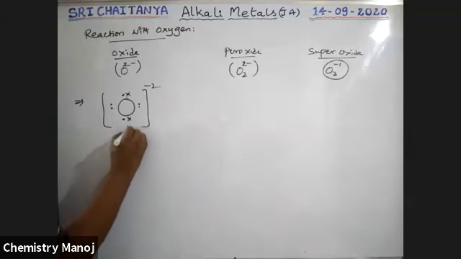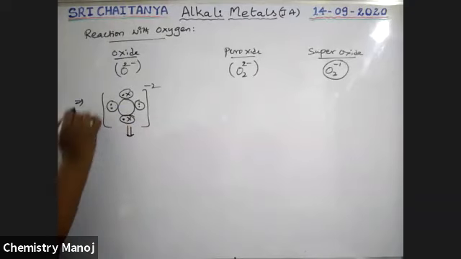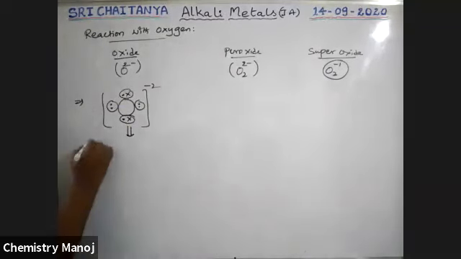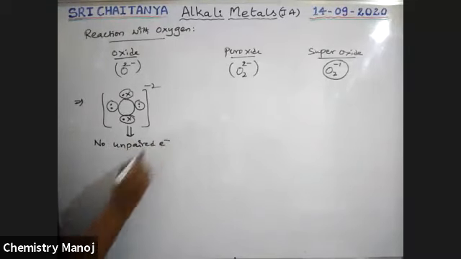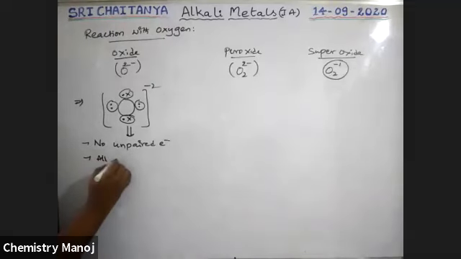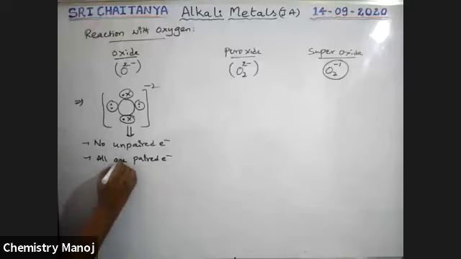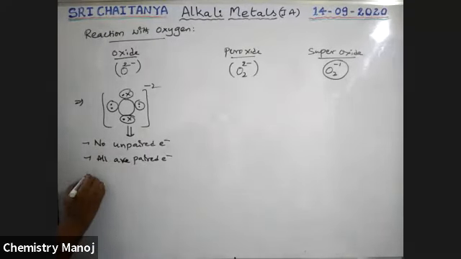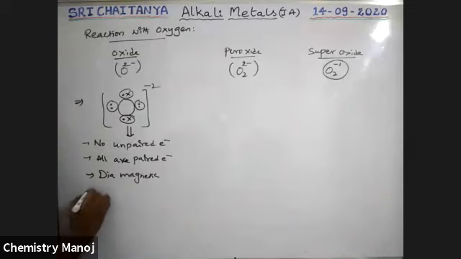In this oxide, is there any unpaired electron, boys? See here, all are paired and no unpaired electron exists. All are paired electrons, which means oxides are diamagnetic and colorless.